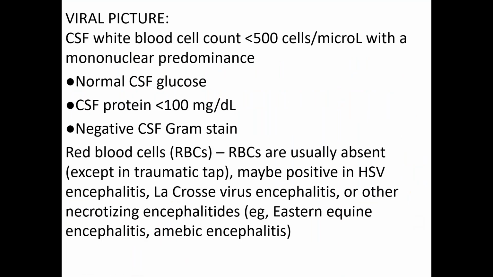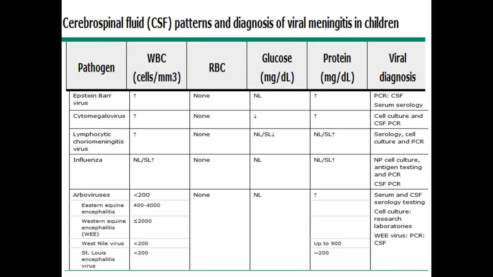Then what we have discussed already, that the viral picture will be of a normal CSF glucose, less protein, and negative Gram stain. They may or may not have RBCs. This is more pathognomonic of some conditions like HSV, but again, having or not having RBCs does not really confirm or exclude a disease process.